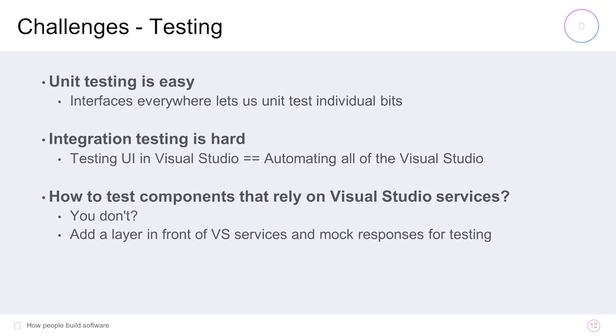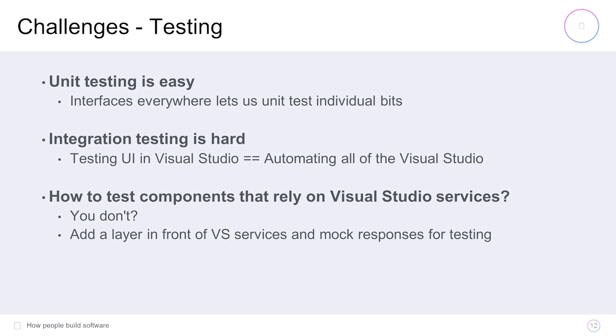Other problems that are specific to the extension, because we're living inside Visual Studio, is testing. So we can do unit testing, and this is why we have a lot of interfaces to make sure that we can mock and test all of our things. But we are sitting inside Visual Studio. To be able to test our extension, we need to test the whole of Visual Studio.